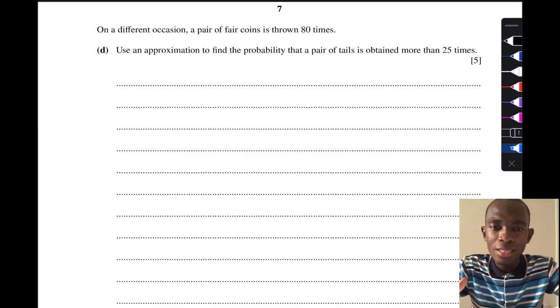And the last one is what we call the approximation. For approximation, in S1 statistics, we normally use the normal distribution to approximate these things. If you haven't done normal distribution, the last part of this question will be quite interesting for you. When I say interesting, I mean difficult, because it needs your knowledge of normal distribution.